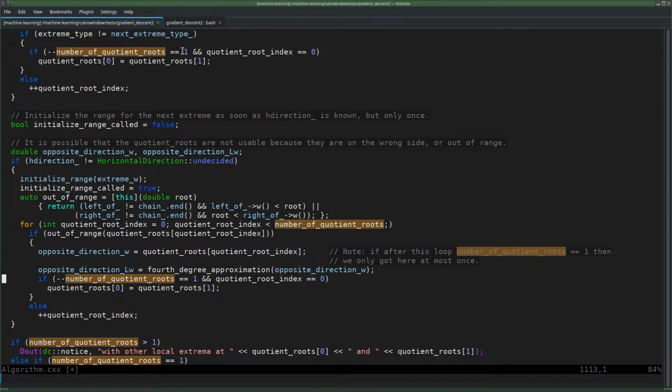But now it's possible that it is already decremented here, therefore it could be 1 already here, and then if we don't get here, in other words, if this is not assigned at all, it still can be equal to 1. And before that it was not possible.